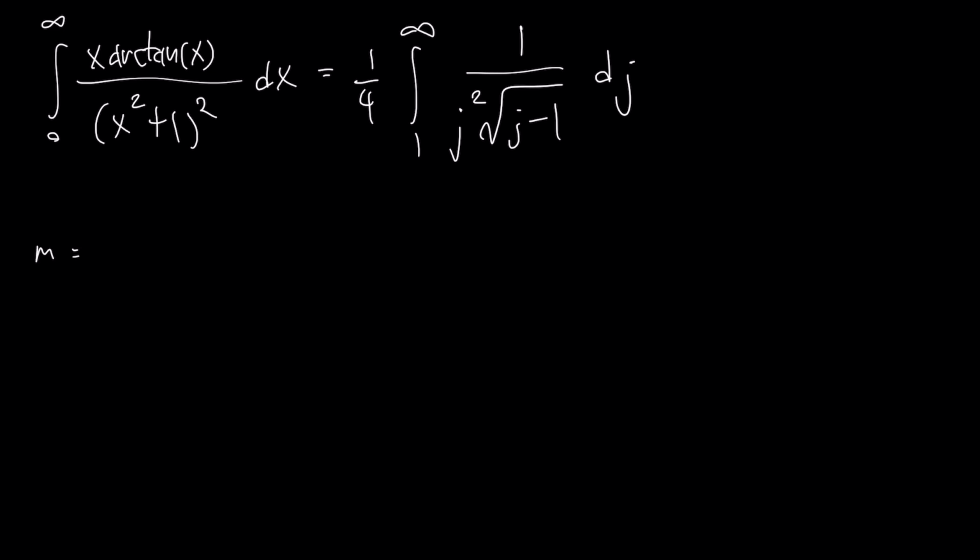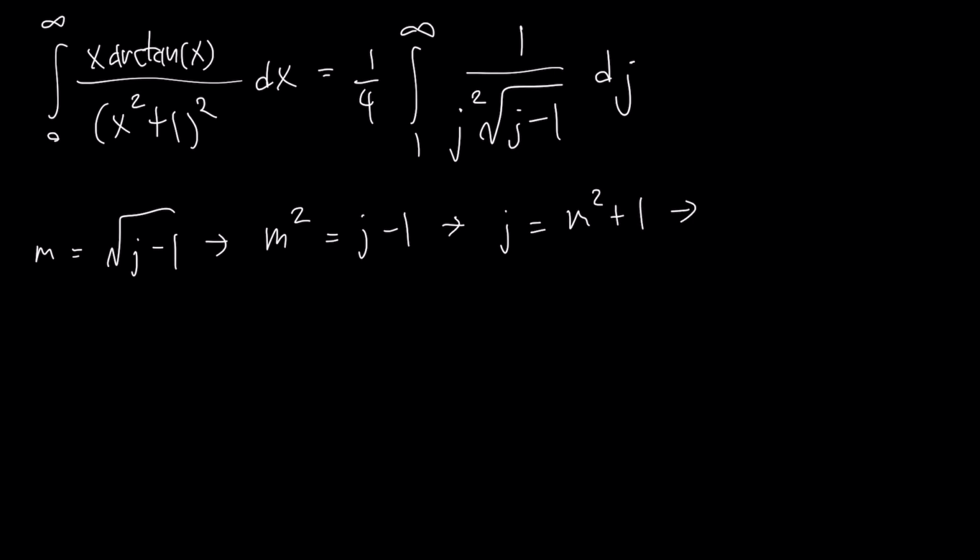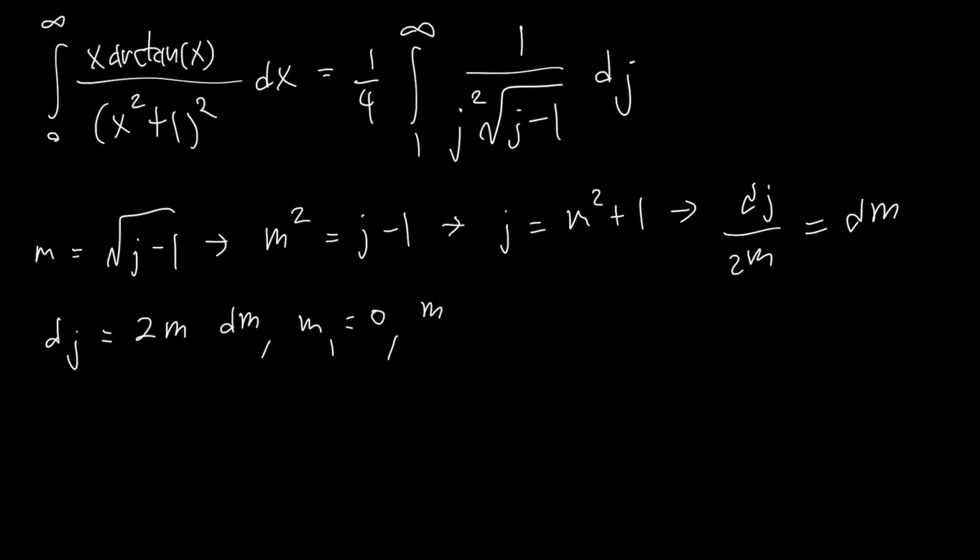I'm going to let m equal the square root of j minus 1, which means that m squared equals j minus 1, which also means that j is m squared plus 1, and that dj over 2m equals dm, which also means that dj equals 2m dm. And m sub 1 will be 0 and m sub 2 will equal infinity. So the bounds are from 0 to infinity.